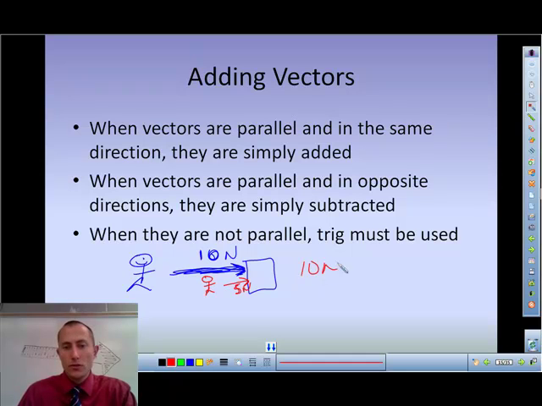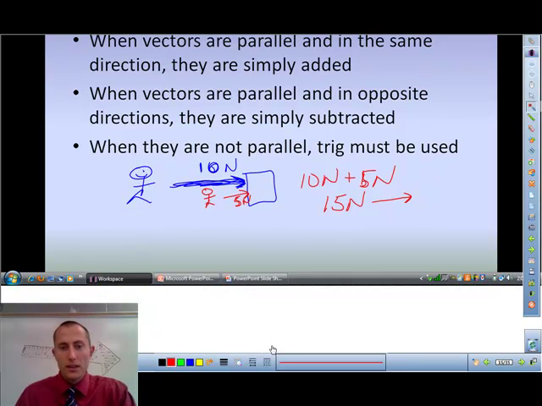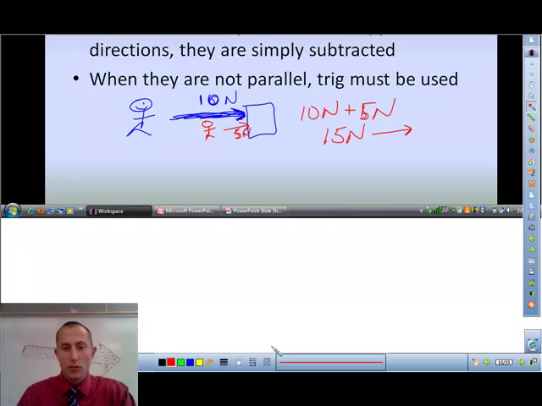We have 10 newtons plus 5 newtons. So our net force here is going to be 15 newtons, but of course that's not complete. We have to have a direction, 15 newtons to the right. Okay, so that's if they're in the same direction.